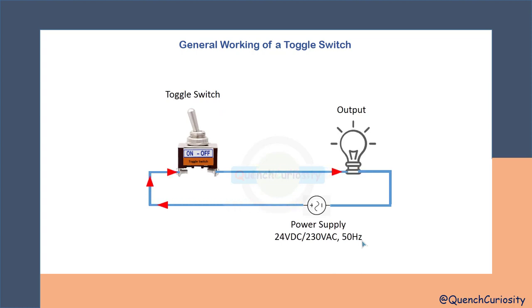Now this state depends on how you have wired it. It may be used either for making the circuit or breaking the circuit. As you have observed, when the lever was pushed, the circuit closed, allowing the current to flow and thus energizing our output. However, if we push the lever again, as you can see from the arrow, the circuit opens.